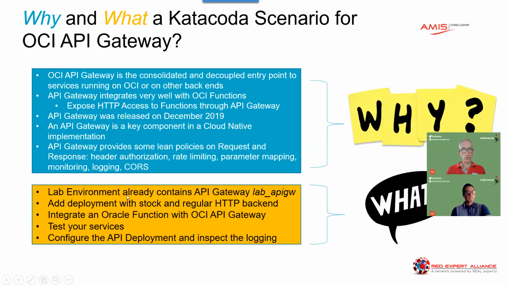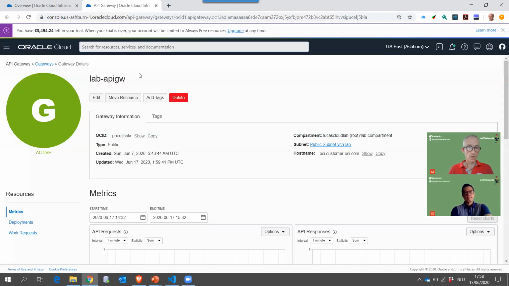So what are we doing in the scenario? Well, the lab environment already contains the API Gateway. It was created in the preparation scenario. It's not very hard to deploy one, by the way, but we thought it's easier for you to have it already set up. I can show you right here that you should have an API Gateway that looks something like this.